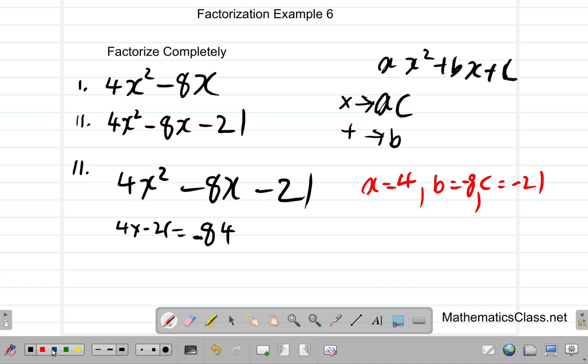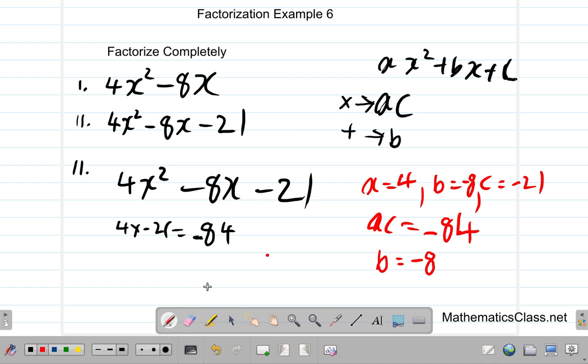Our AC is equal to negative 84, and our B, of course, is negative 8. Which two numbers multiply to give negative 84 and add to give negative 8?